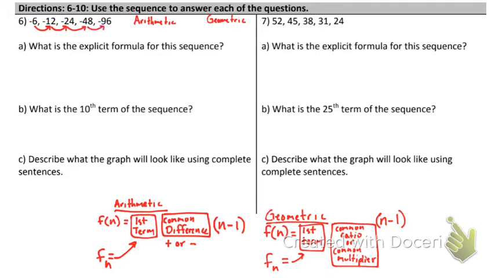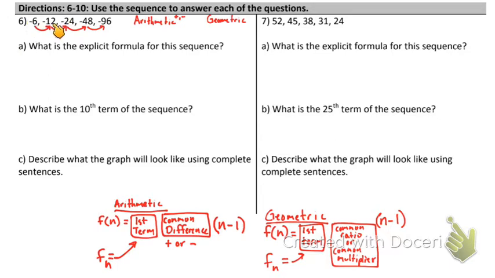Okay, so I'm going to play dumb and pretend like I don't see that it's really multiplying by 2. So let's pretend we're going to check if it's arithmetic. And remember, arithmetic uses plus or minus to get to the next term. So to test arithmetic, what you want to do is take 2 consecutive numbers, 2 numbers next to each other.